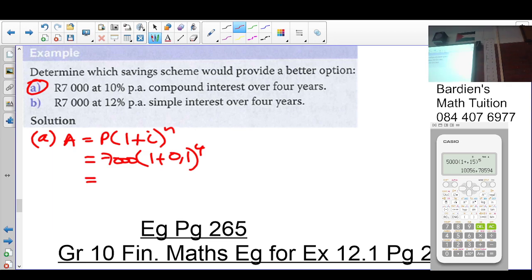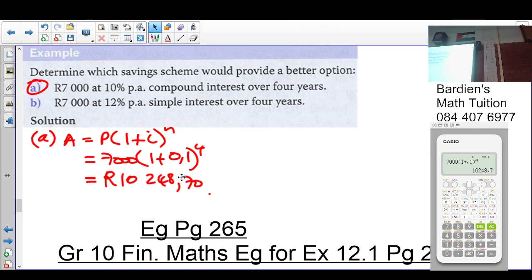So that gives us 7,000 rand into 1 plus 0.1 to the exponent 4. 10,248 rand and 70 cents.